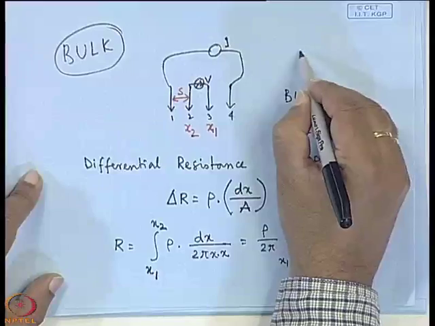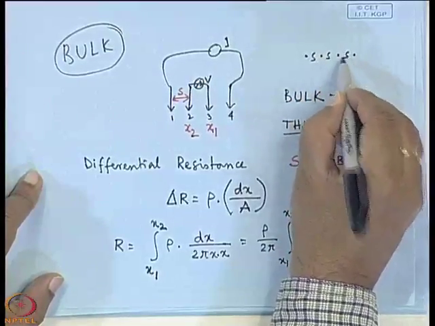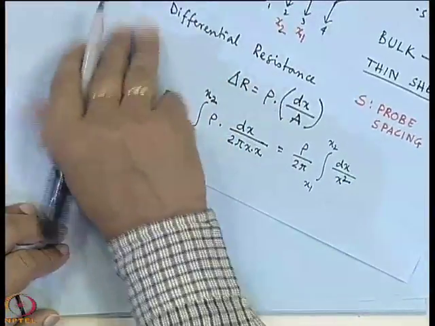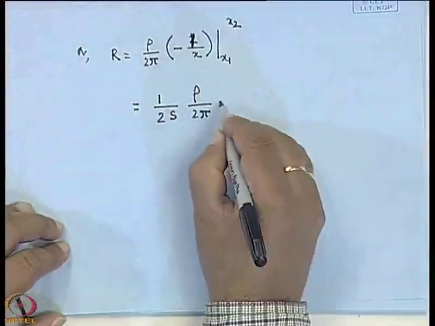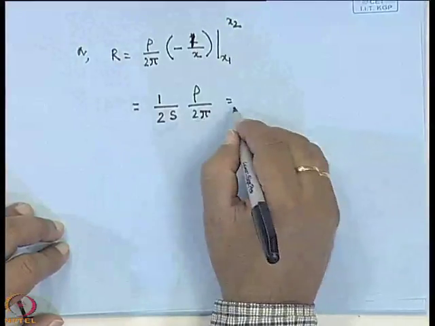There are 4 probes 1, 2, 3 and 4, each having distance S, the spacing. So, this is equal to 1 by 2 S into rho by twice pi.